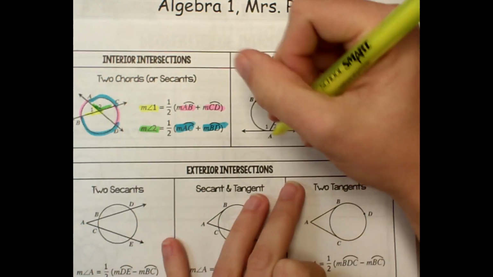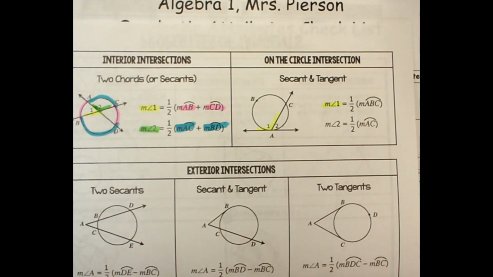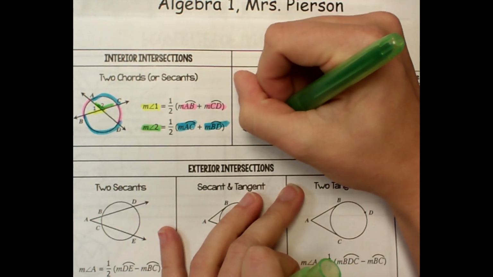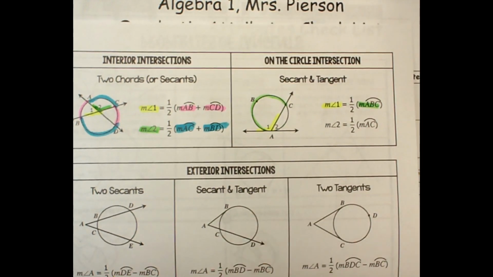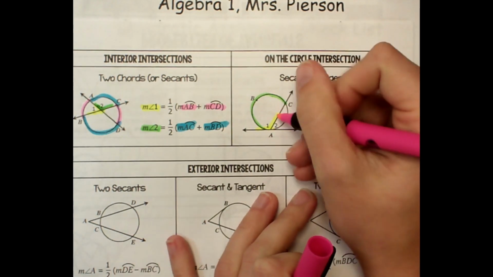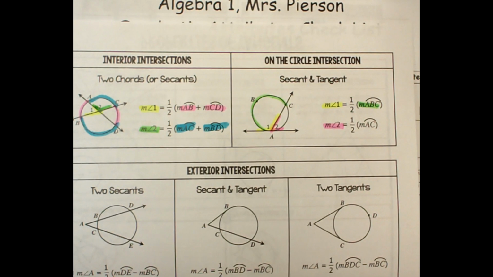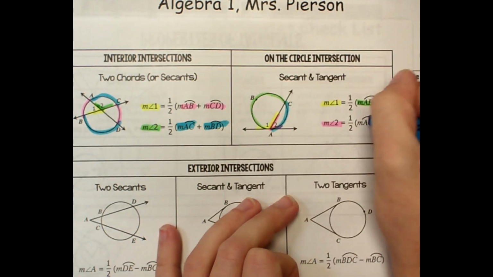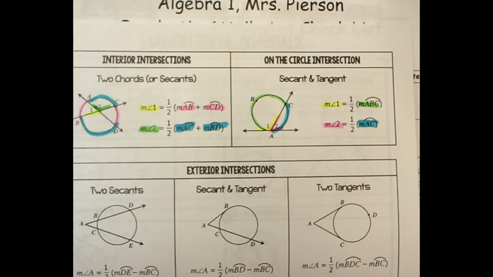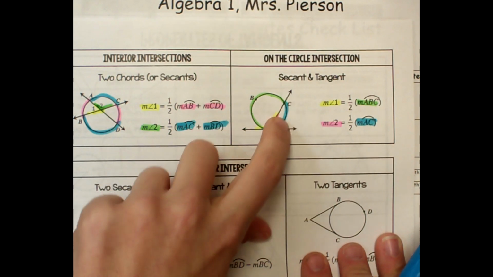So when you look, you can find the measure of angle 1 by doing half of the measure of the arc ABC, or you can find the measure in this instance of angle 2, either angle that's created by an intersection of a secant or a tangent, of that arc. So it just depends. If you look, it's the arc with the angle on the same side that match up.